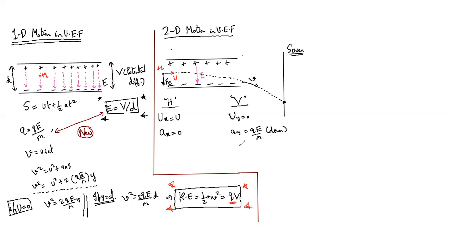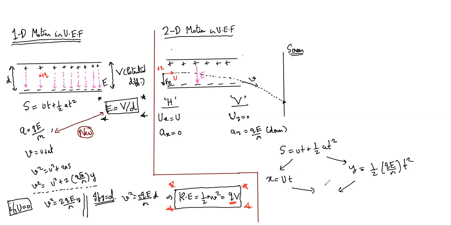If you apply the equation s equals ut plus half at square, in the x direction x equals u into t, and in the y direction y equals half into qE by m into t square. Solving, you get y equals half qE by m into x square by u square.